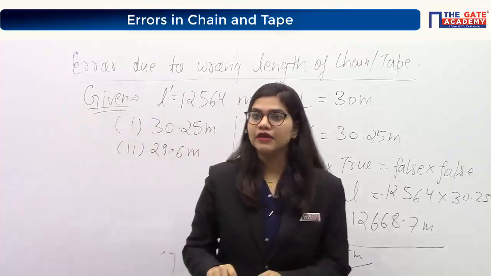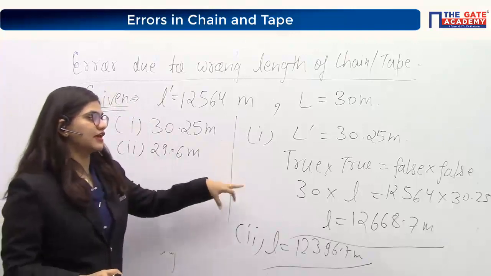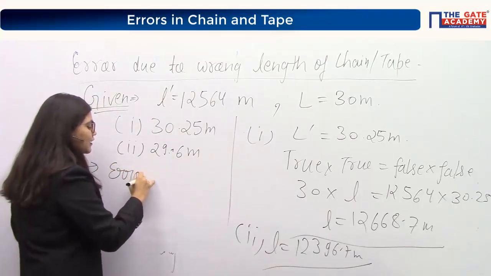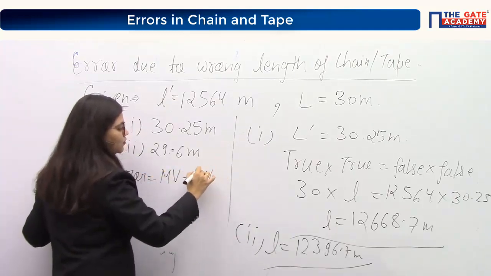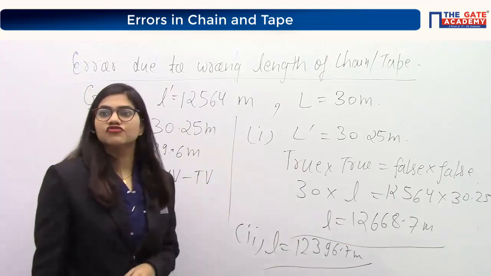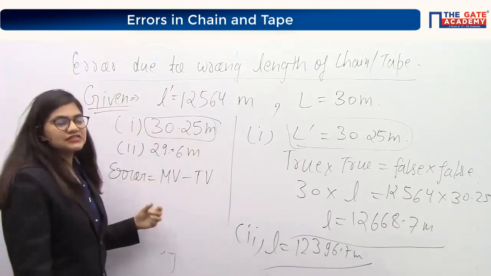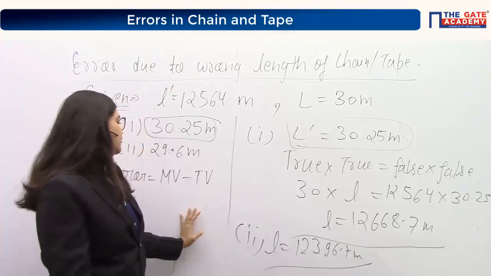So can you tell me how much the error is in each case? You know the formula of error? Measured value minus true value. Just tell me the nature of the error, whether it is positive or negative in the first case.